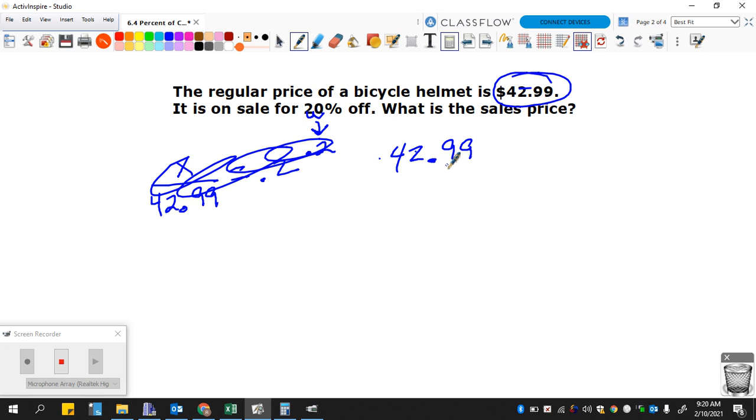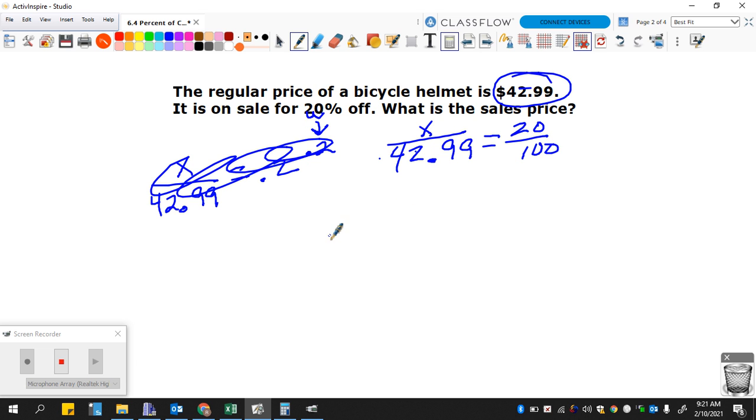I'm going to set it up as a ratio, 42.99 is equal to 20 over 100, and we're going to put the x right there. And this x is going to be the amount of our decrease, or the amount that gets taken off.